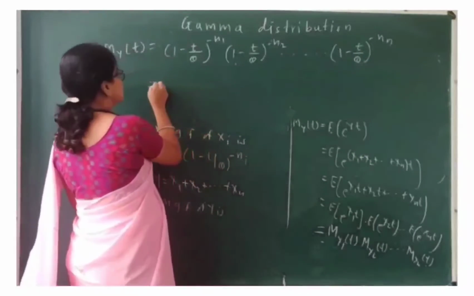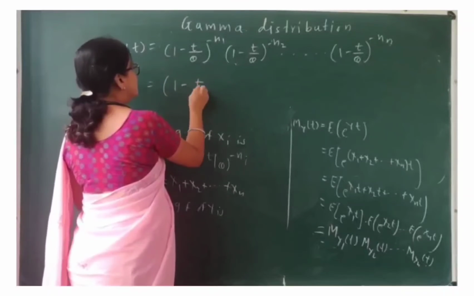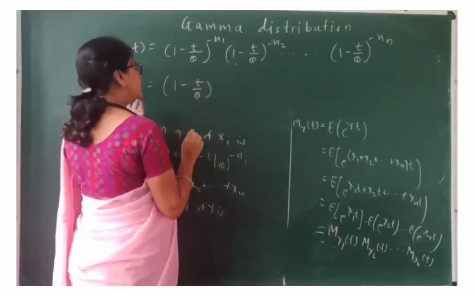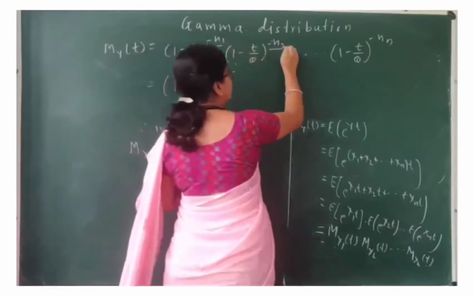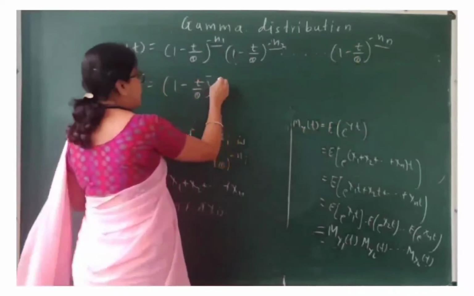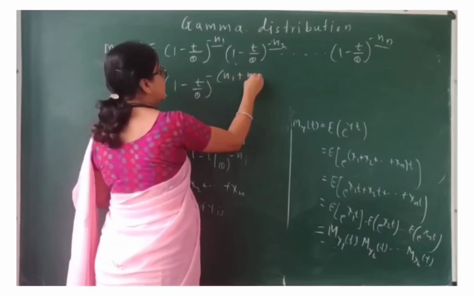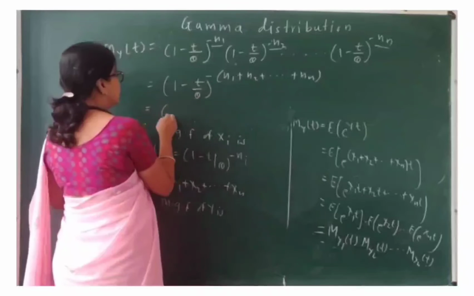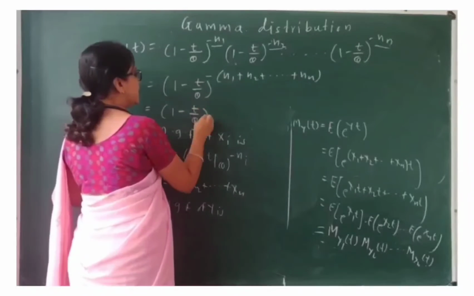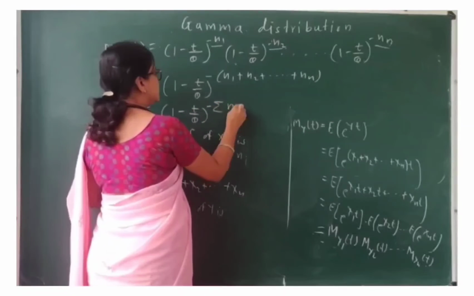Now if you observe, the base is common to all the terms, and we can take the powers together: minus (n1 plus n2 plus so on up to nn). So this is equal to (1 minus t by theta) raised to minus the summation of ni.